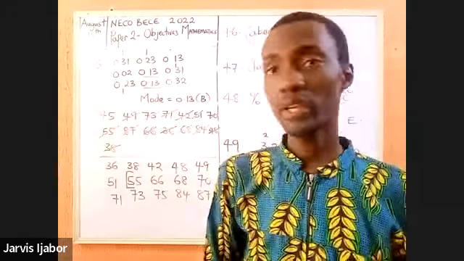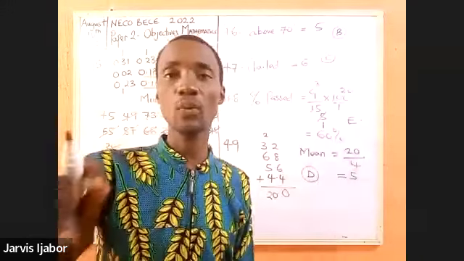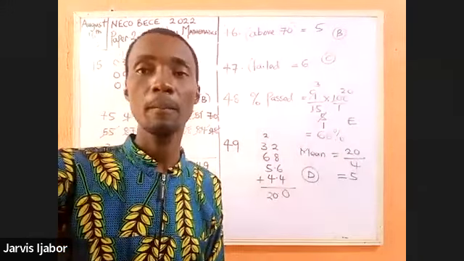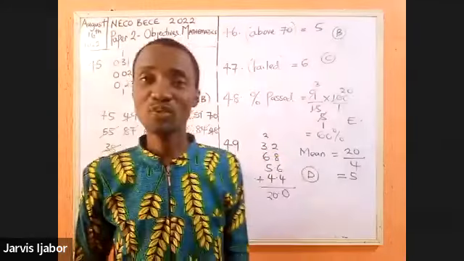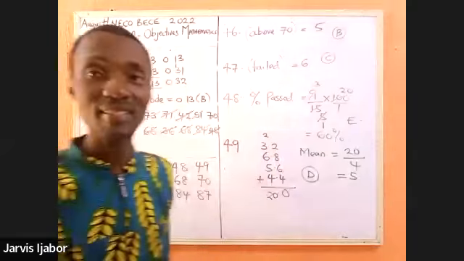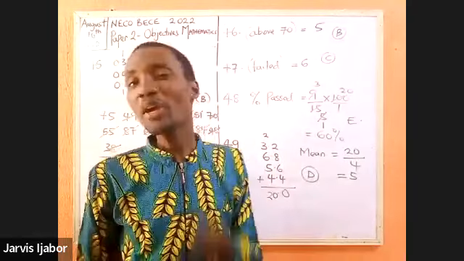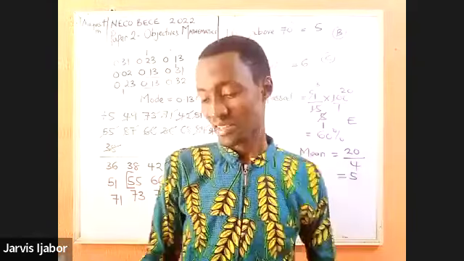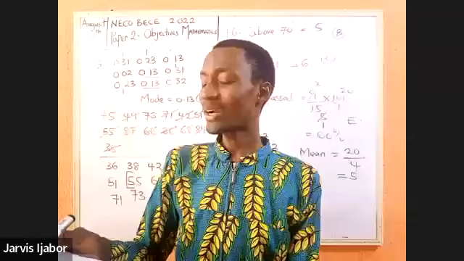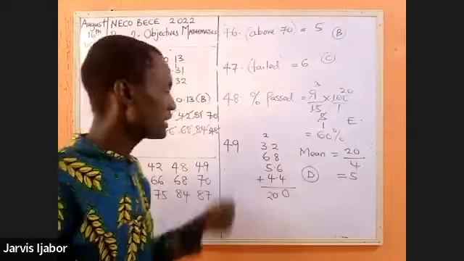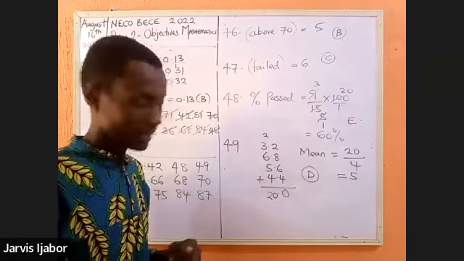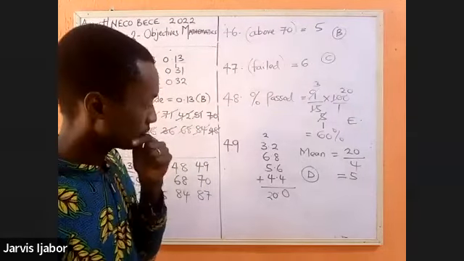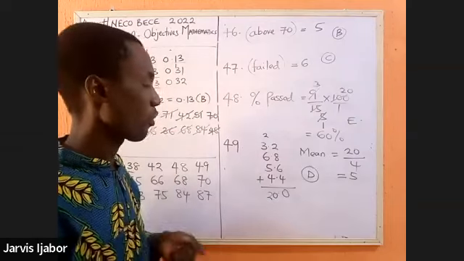Now, I'm going to give you a trick that you can use to answer a question like this. When I look at the numbers, the mean cannot be 3 or 4.